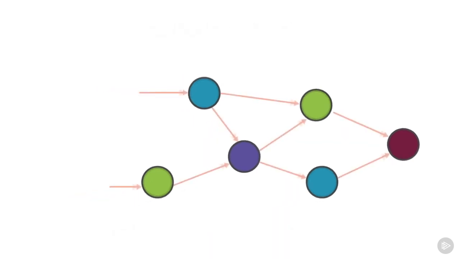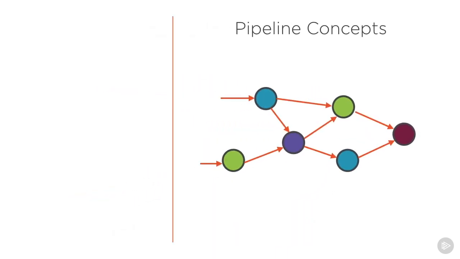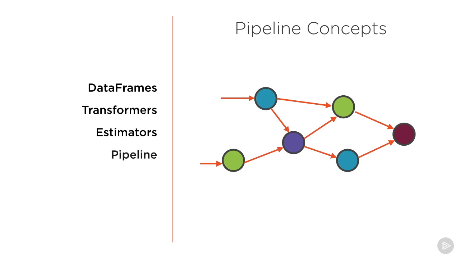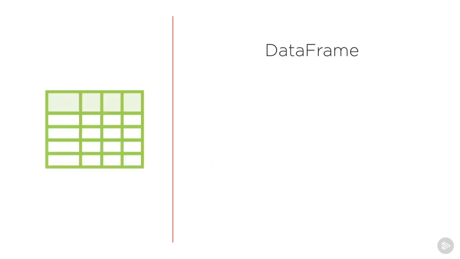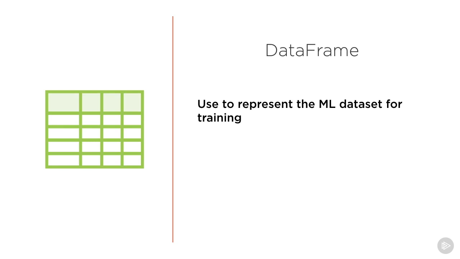When you talk about Spark ML, there are five main concepts that make up the machine learning workflow: data frames, transformers, estimators, pipeline, and parameter. Hopefully, you're already familiar with the concept of a data frame, which stores data in a tabular format in the form of rows and columns. A data frame is used to represent the ML dataset that we use for training.